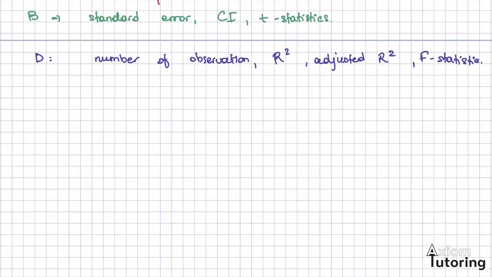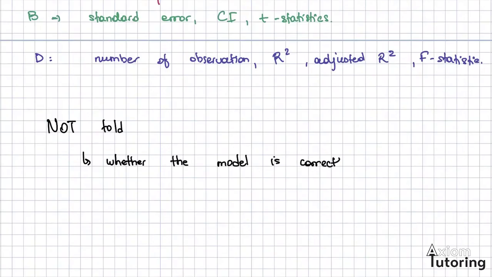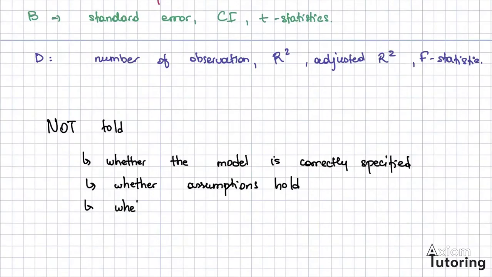The things that you are not told through a regression output are whether the model is correctly specified, whether assumptions hold, or whether relations are causal.